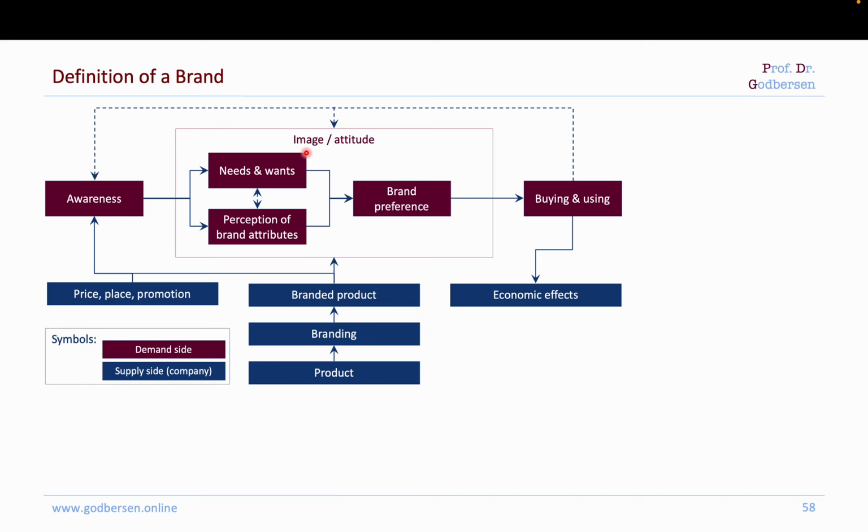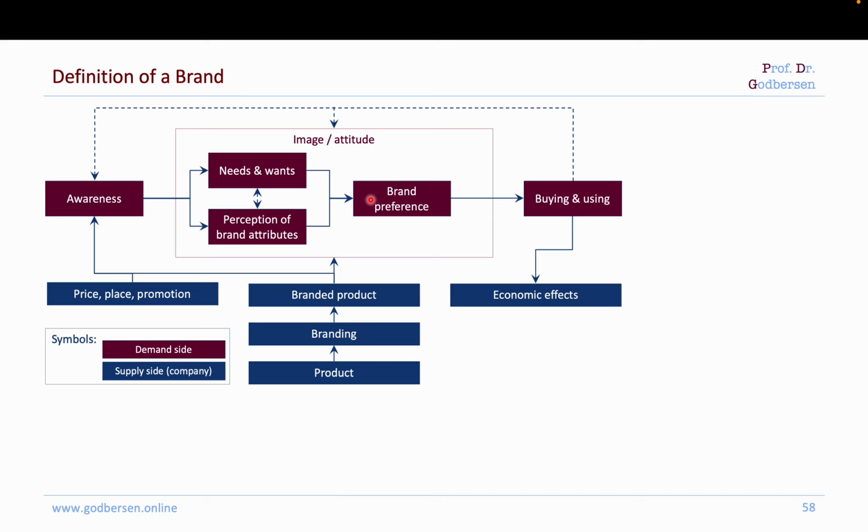And when does a customer buy a product? Half consciously, more or less consciously, a customer compares his or her needs and wants with the brand attributes. Can the brand attributes fulfill the needs and wants? If yes, brand preference is formed. I prefer brand XY.